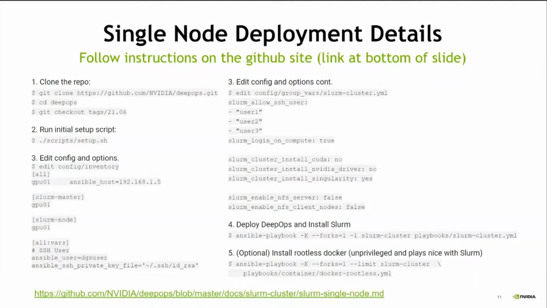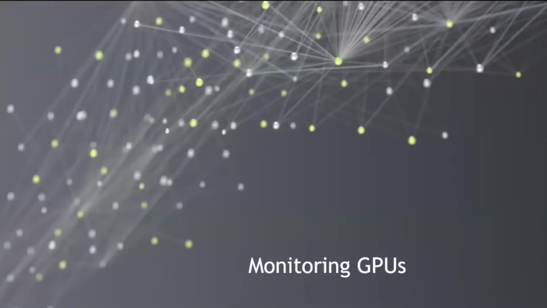Rootless Docker has several benefits in this unprivileged Slurm environment that we want to set up, because we don't want users to bypass or have privilege escalation. Also, rootless Docker plays well with Slurm in that it doesn't bypass the resources in any way. There will be a demo section later on where we will demonstrate this and go over it in some more detail.